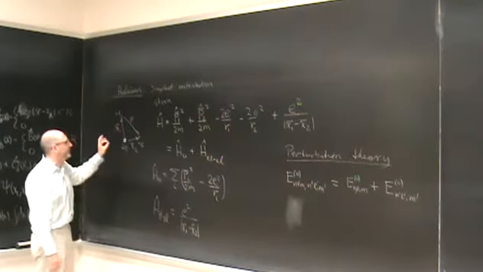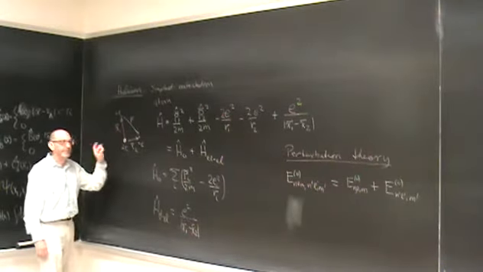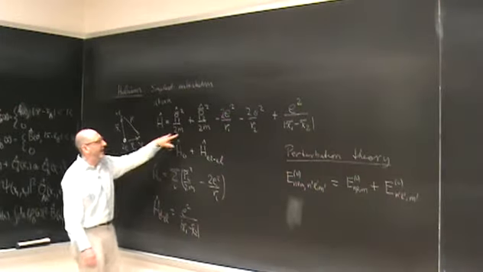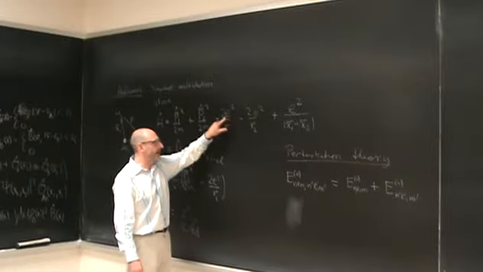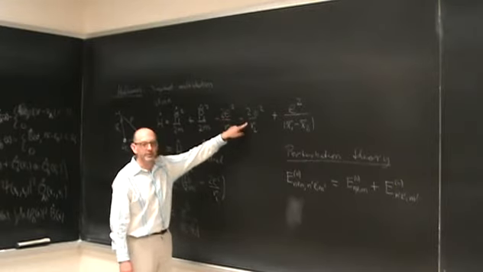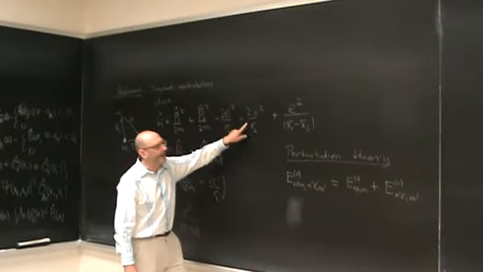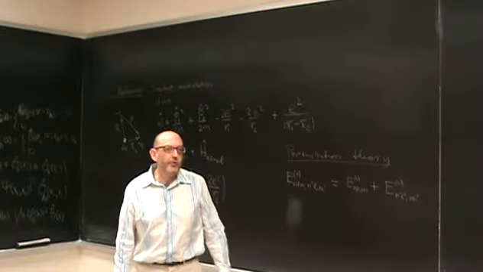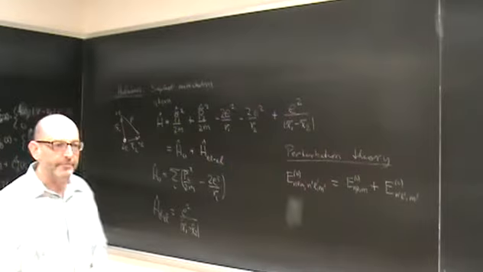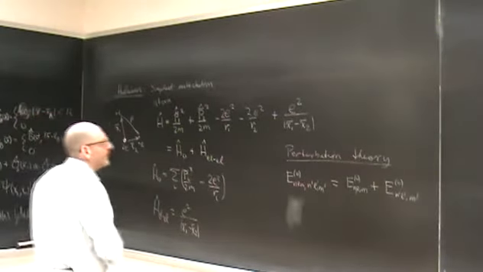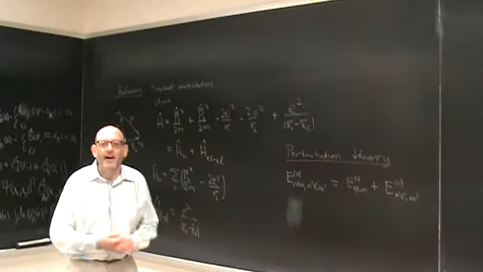So I'm in the center of mass rest frame, which means the nucleus is at rest. And then I have the kinetic energy of the 2 electrons, the Coulomb attraction of each electron to the nucleus, the alpha particle, and then the repulsion of the electrons from one another. 1 over 4 pi epsilon equals 1.